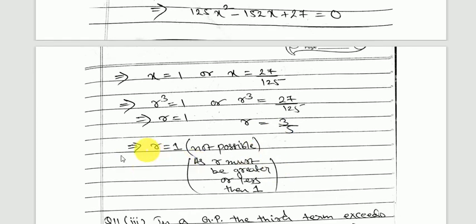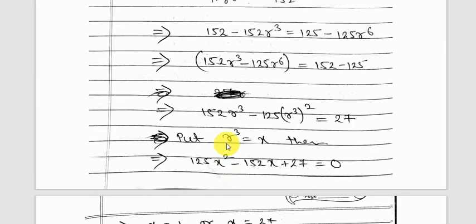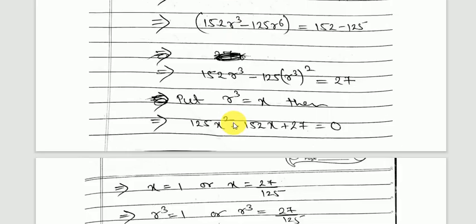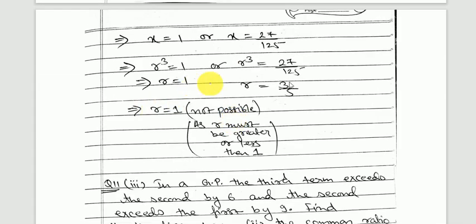Here R equal to 1 is not possible, as R must be greater or less than 1. You know that for this formula, either R is less than 1 or greater than 1. It cannot be 1, because if it becomes 1, then the denominator will become 0, so that is not defined.